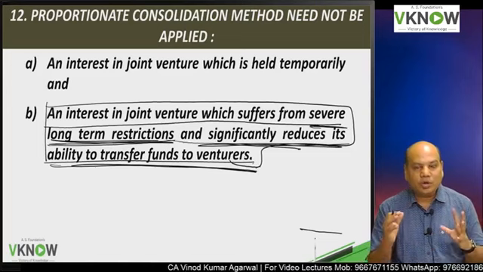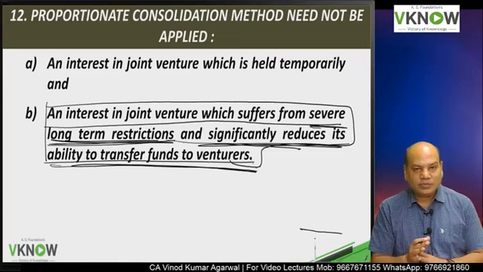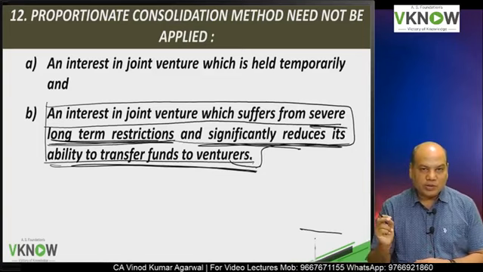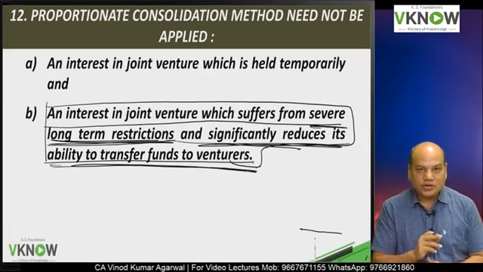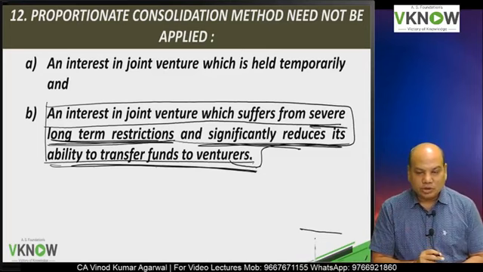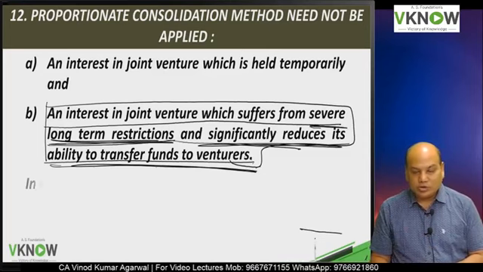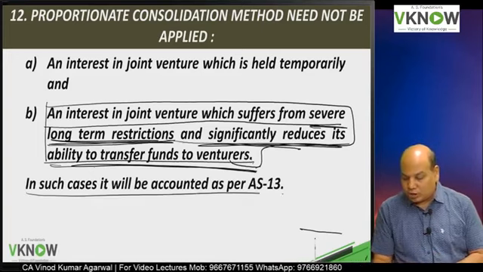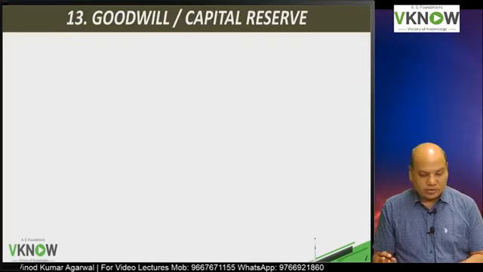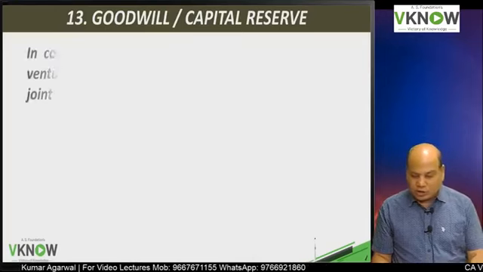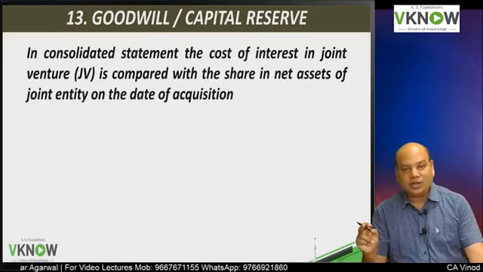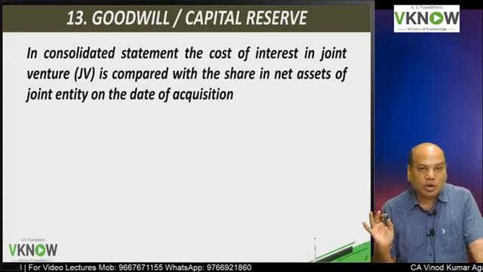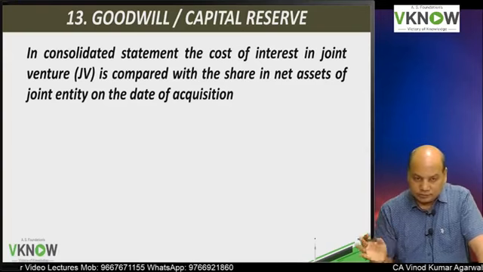They have banned all foreign remittances, and therefore the joint venture entity is not able to transfer funds to the venturer. So what will the venturer do? The venturer will not follow AS 27. The venturer will continue to follow AS 13 if the proportionate consolidation method is not being applied.